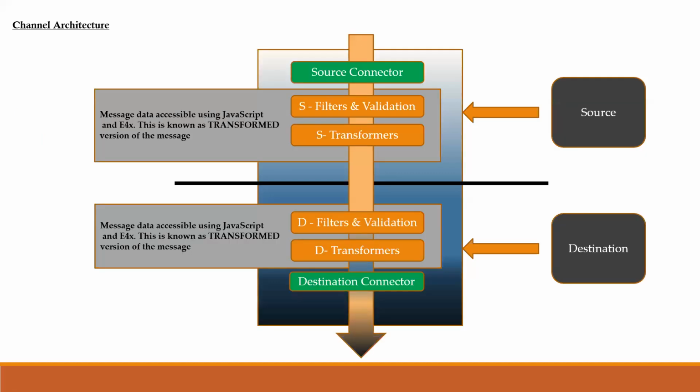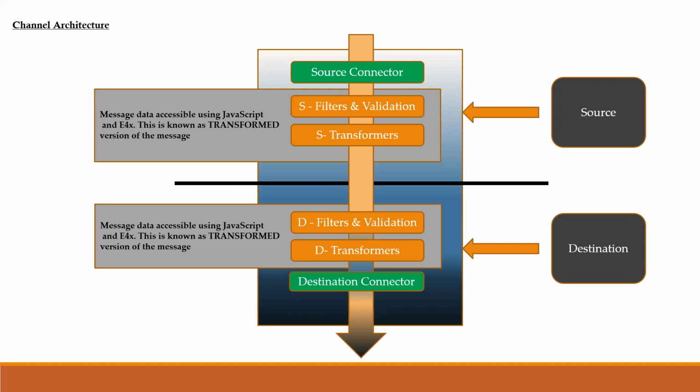As part of that, let's zoom in a little bit into the channel's architecture and see how the channel is designed. If you look at the channel, you have two main components: the source component part and the destination component part. Both of them have their own functionalities, and they operate separately, but they are always bound together with each other.